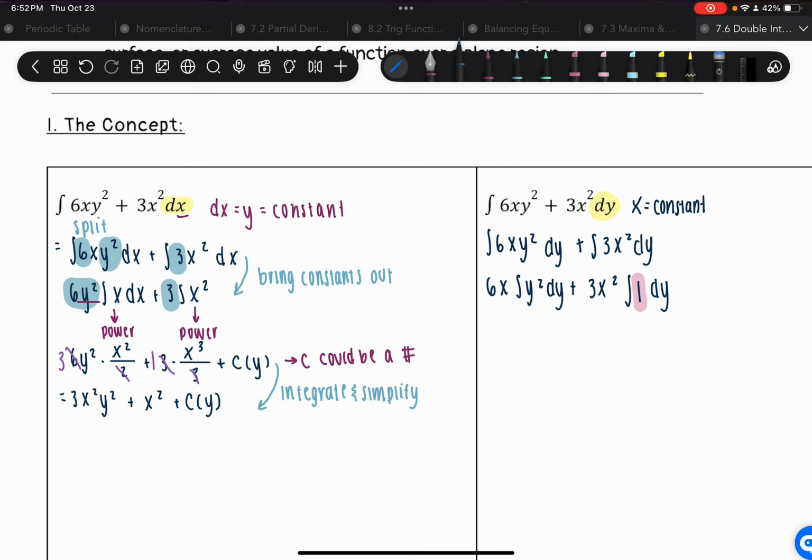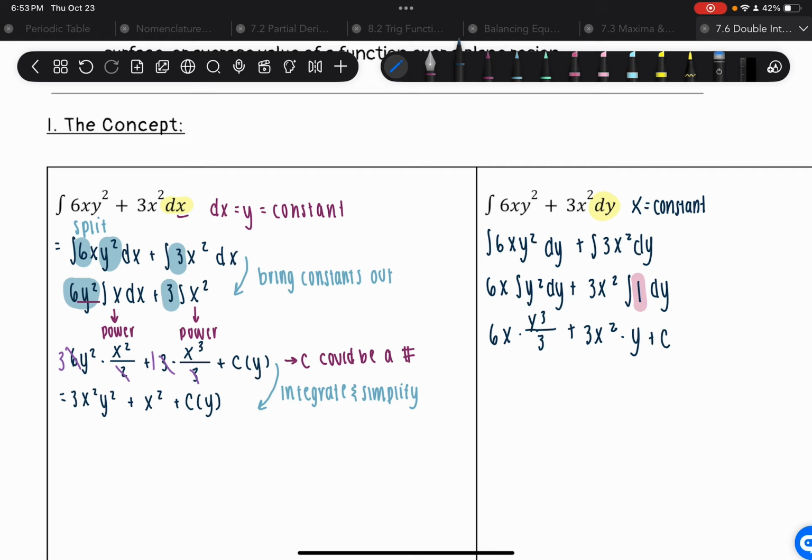And then from there, we would just integrate as usual. So 6x, and I'm going to be using the power rule. So y cubed over 3, plus 3x squared times y. The integration of 1 is just y.